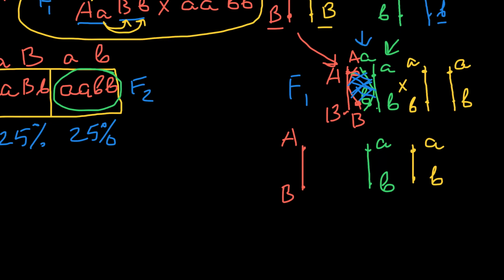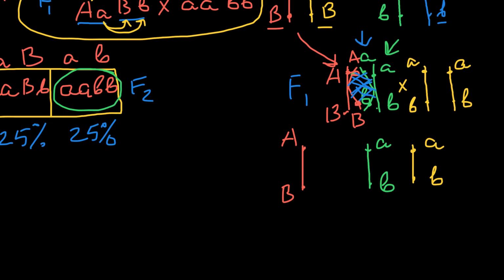And imagine if gene B and A would be very close to each other, then we expect that no crossing over would happen at all. Or if we just make them closer to each other, then we expect crossing over would happen, but not as frequently as, for example, when this gene A and B would be on the tips of the chromosome.